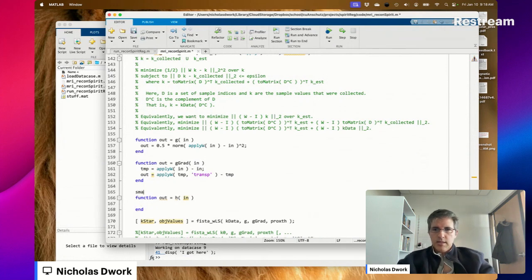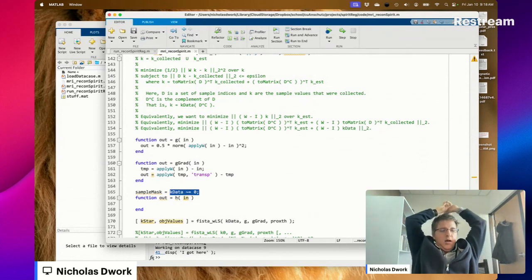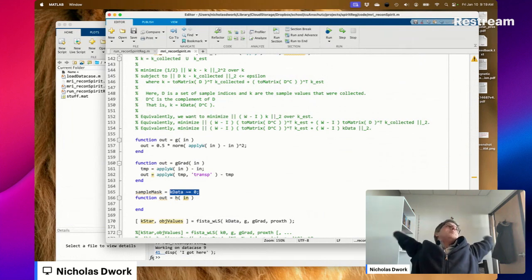going to need a sample mask. I wonder if I need the absolute value, if I could just say not equal to 0. This is doing a whole bunch of complex comparisons. But taking the absolute values, a whole bunch of sums of squares and maybe an endless square root.